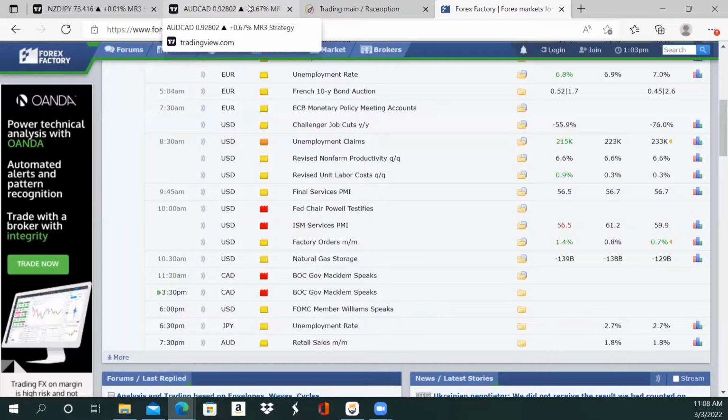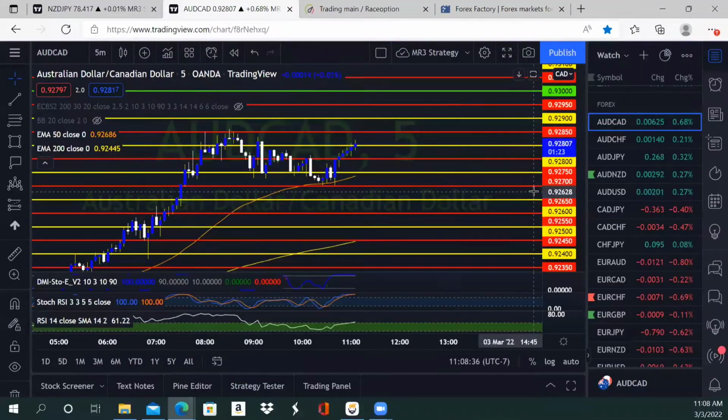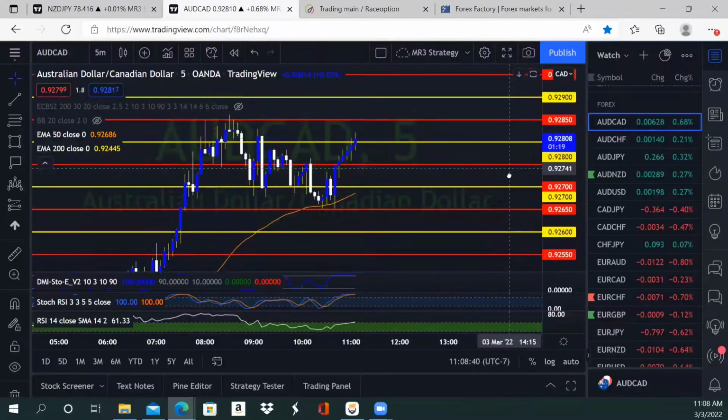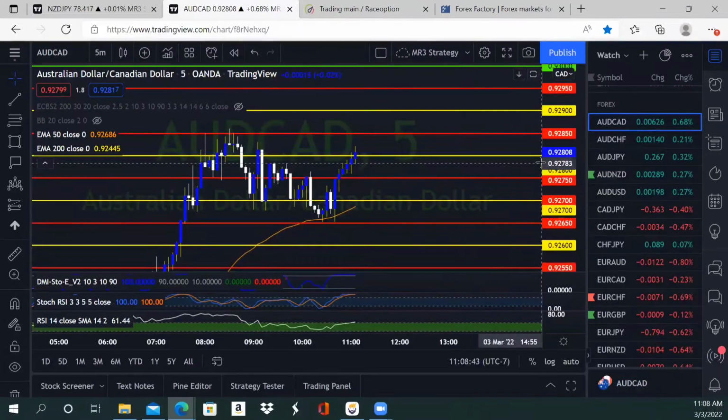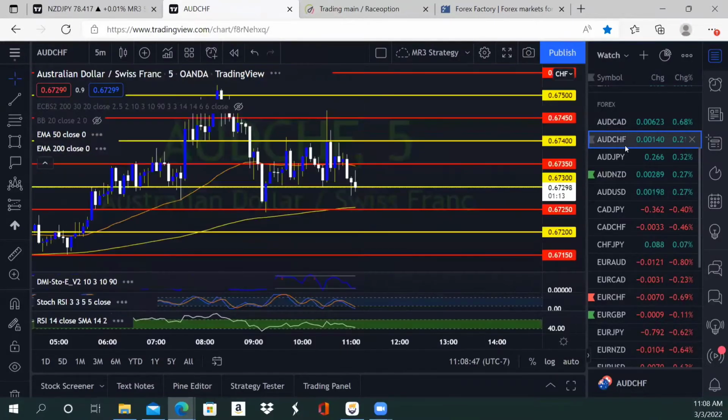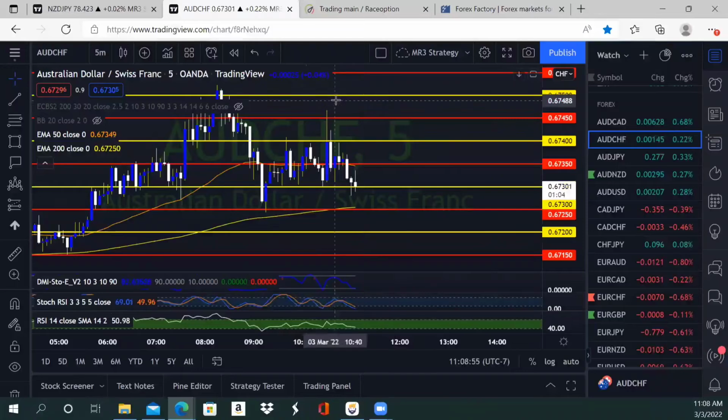One other thing we'll go to is our currency pairs. Okay, we see AutoCAD. I really don't like the move it's doing, so we'll go to the next one. We had a session earlier, and we actually ended up going 2-0, which is really good for a day of volatility.